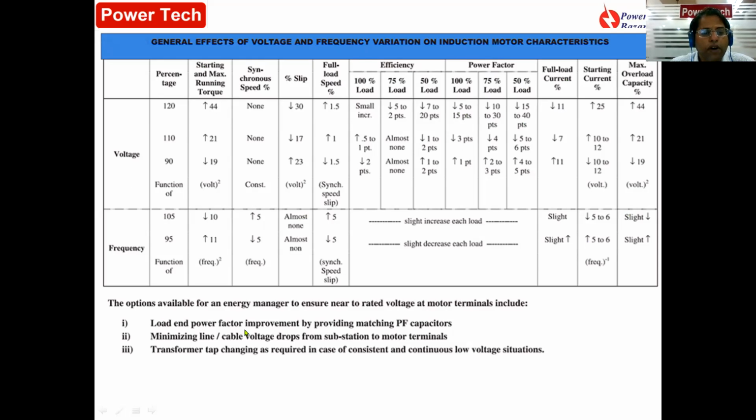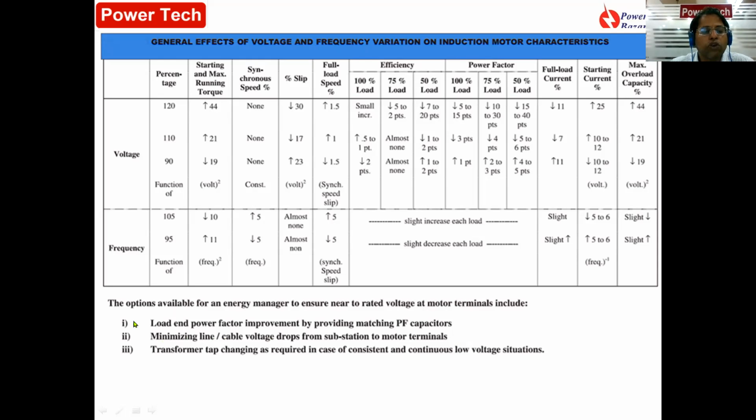Now, low power factor improvement can be done by putting in a power factor capacitor bank. You can also get a good voltage by minimizing the line length or cable length, or by going for a higher size cable or higher size line from the substation to the motor terminal.